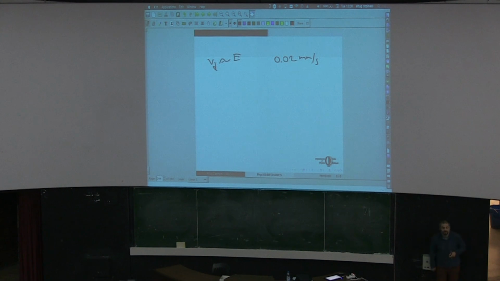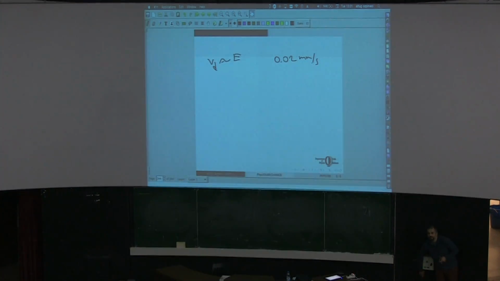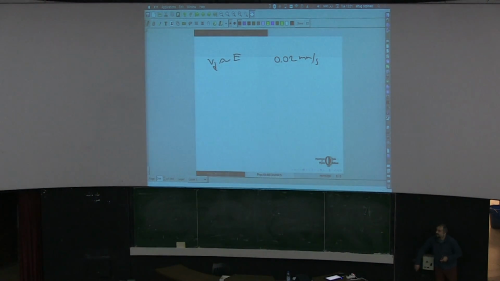But now there's another question. If this drift velocity is so small, how is it that the moment that I press this button, the lights go off, and they come back on almost instantaneously? Definitely the electrons with such a drift velocity are not going over there. They're not reaching over there.